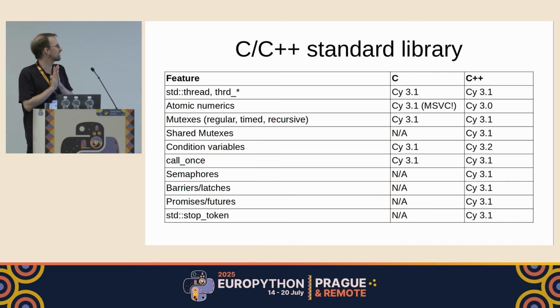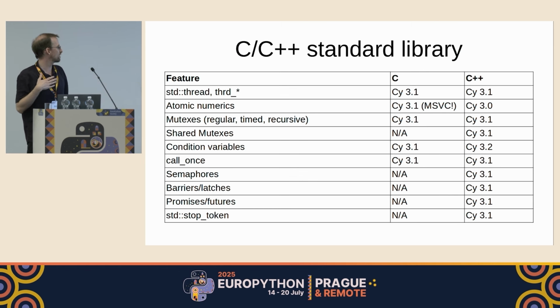Just as a quick table of things that you've got. You can create threads. You've got atomic numerics. You've got mutexes of different sorts. You've got shared mutexes, so that's a read-write lock, so multiple threads can read safely, but only one thread can write safely.